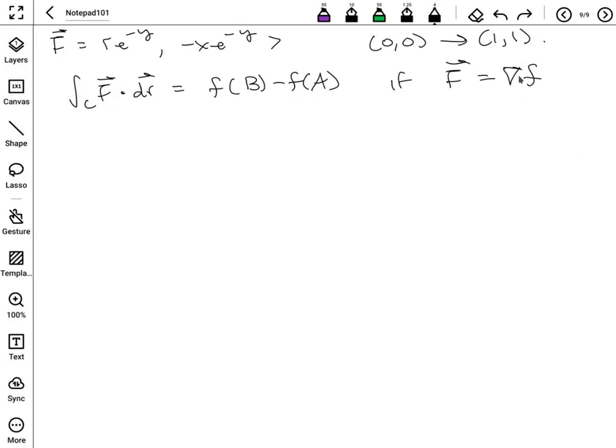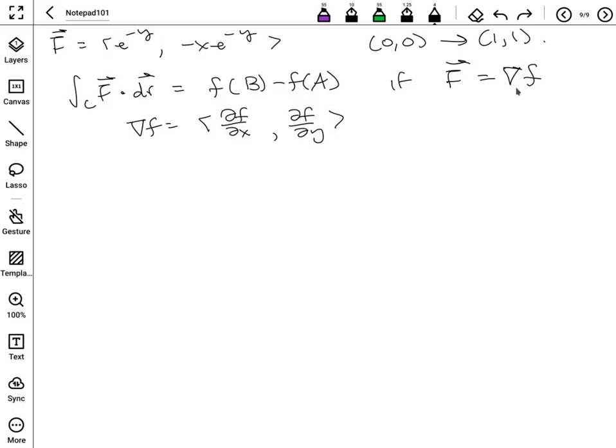But in order to use this property, we do need to be able to find that potential function. So we remember that gradients are like df dx, df dy. That means that this component of F, the x component, is the derivative of some function with respect to x, and this component is the derivative of some function with respect to y.